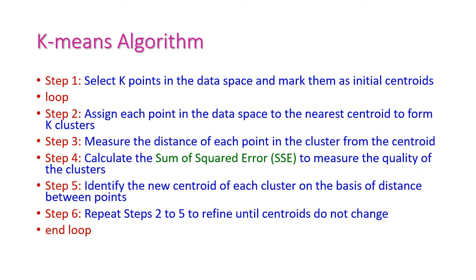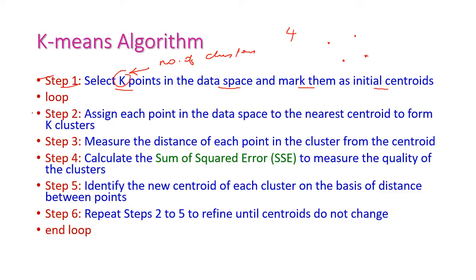Next, let us see the stepwise algorithm of k-means. Step 1: select k points in the data space and mark them as initial centroids. Here k is nothing but the number of clusters. For example, if the number of clusters is 4, we need to mark 4 initial centroids, randomly selecting 4 values in the data points.